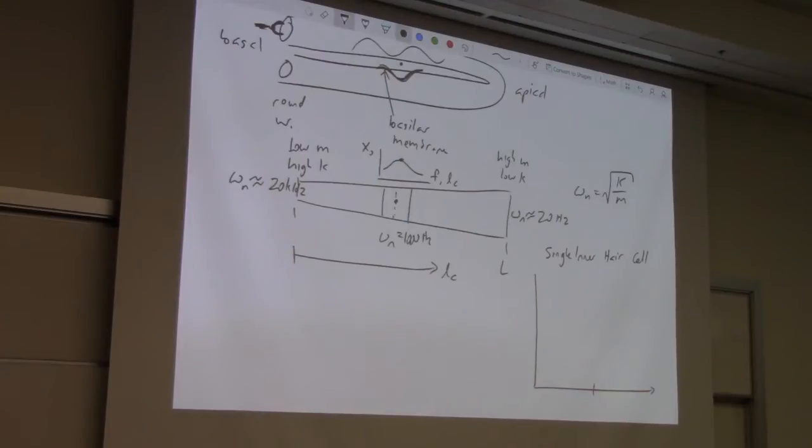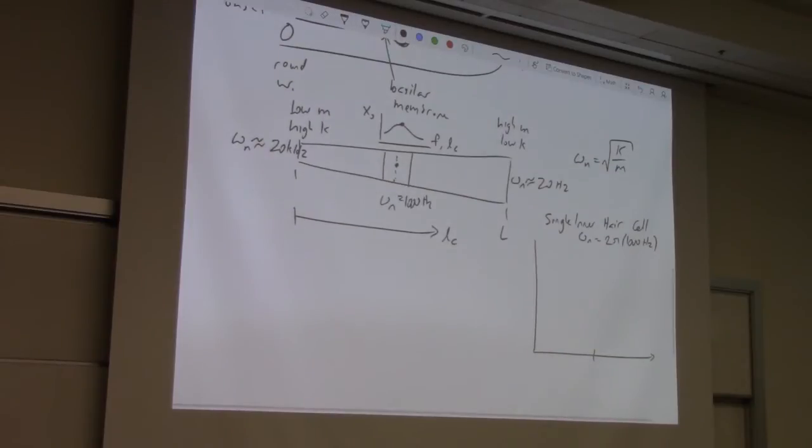We know its natural frequency is 2 pi times 1,000 hertz. That's 2 pi, 6,000 something radians per second, or 1,000 periods per second. So for this one, at 1,000 hertz, that's where it's most sensitive.